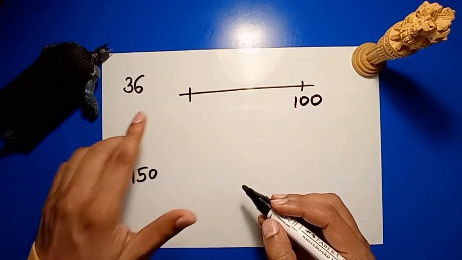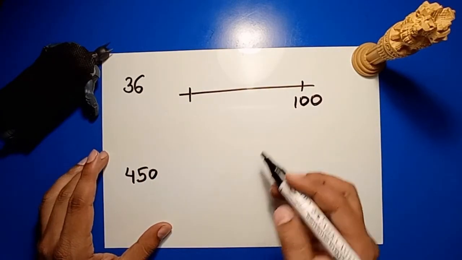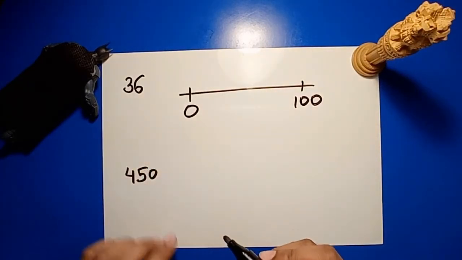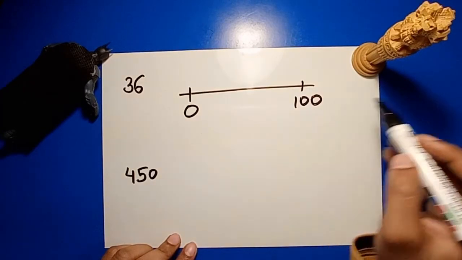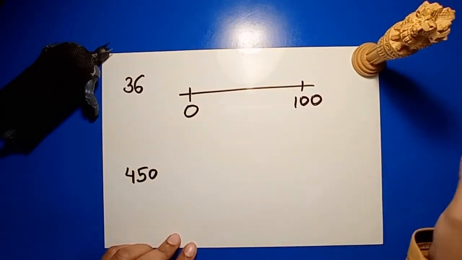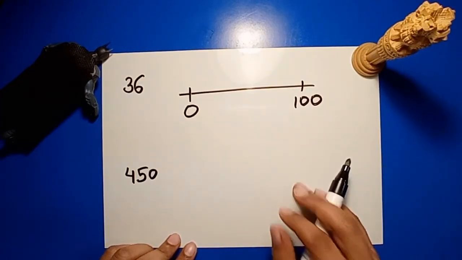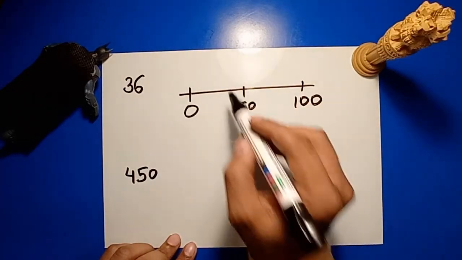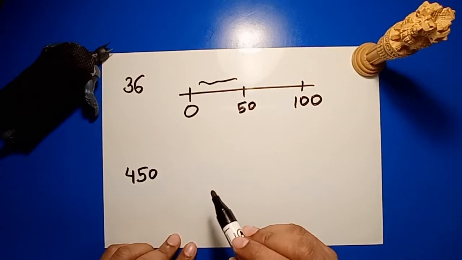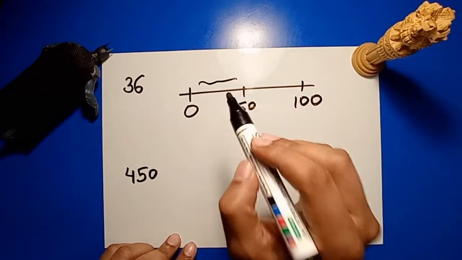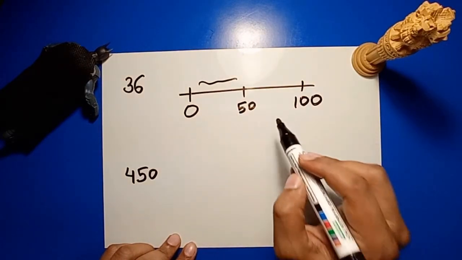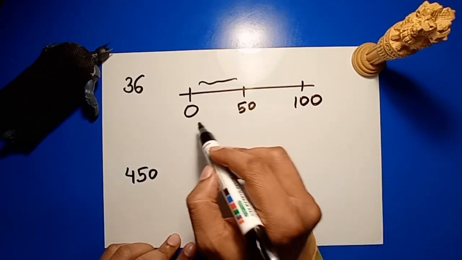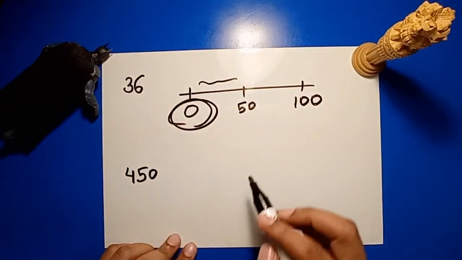Which 100 or 0 is less than 36? 0. So 0, 100, 200, like this. We will keep on jumping in hundreds. So now the middle is 50, we know that. So 36 is somewhere here. So 36, when we are rounding it to the nearest 100, gets rounded to 0.